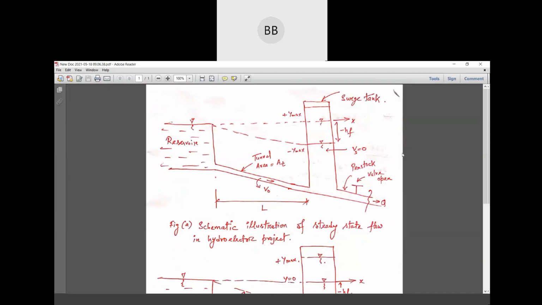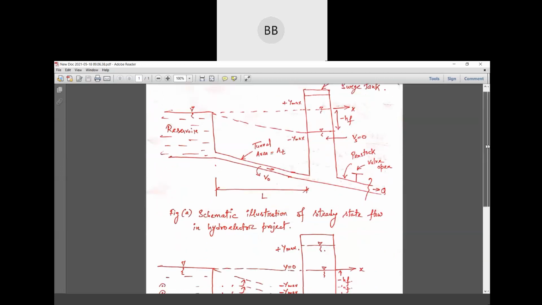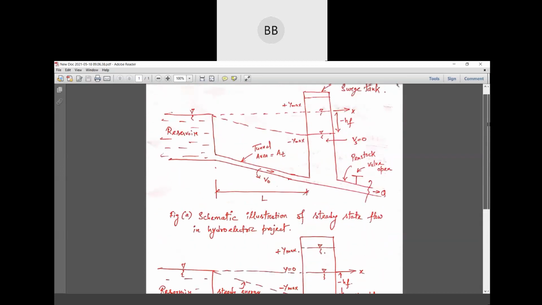So first you kindly draw this diagram, figure A and figure B. First you draw figure A.